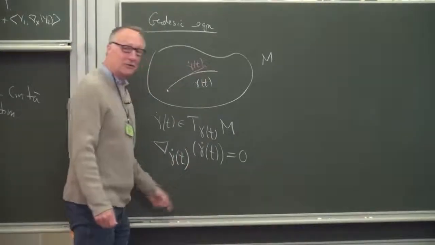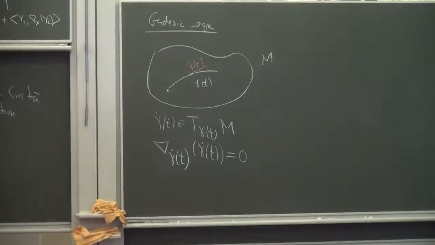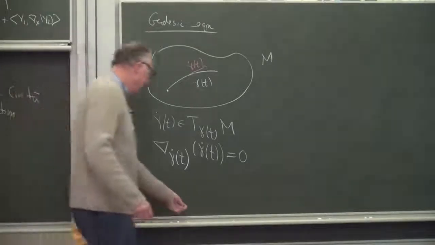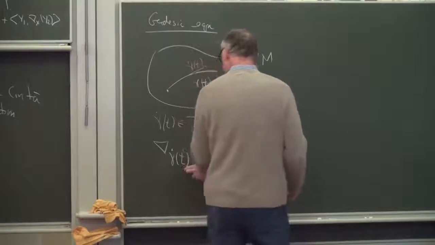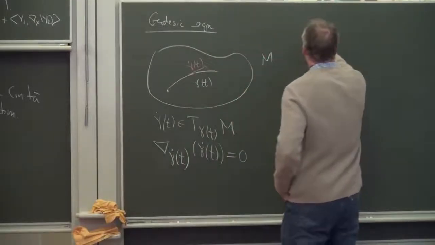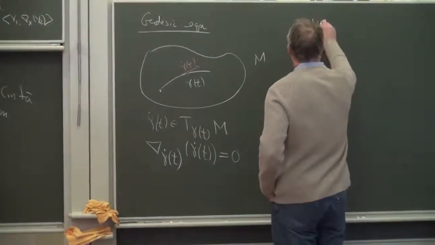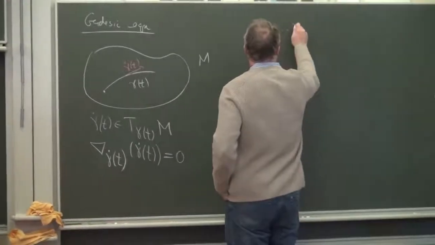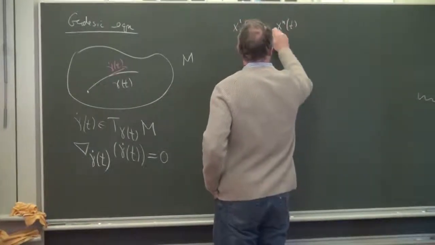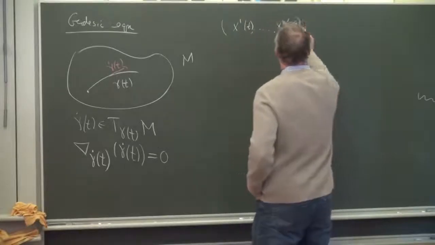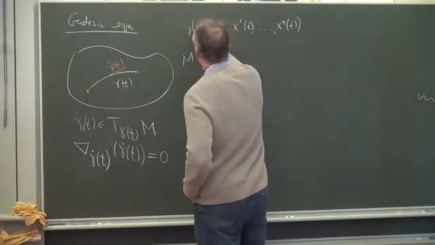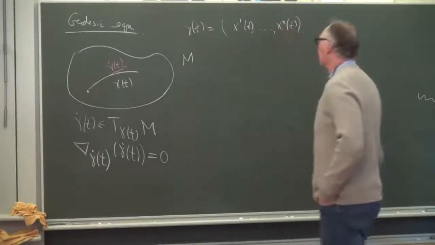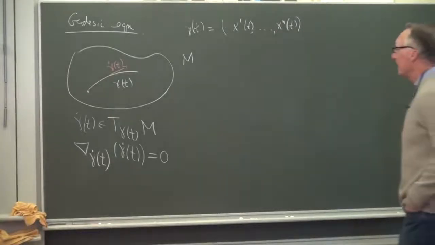So you write the equation this way. And in fact, in terms of the Christoffel symbols, this equation is a second order equation, again in my local coordinates x1 to xn, these are now functions of t. So locally, my curve is given as x1(t) up to xn(t).